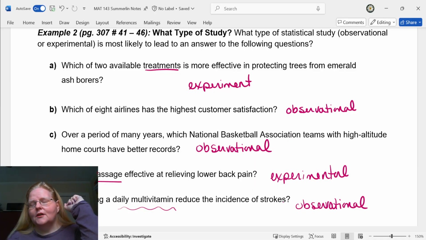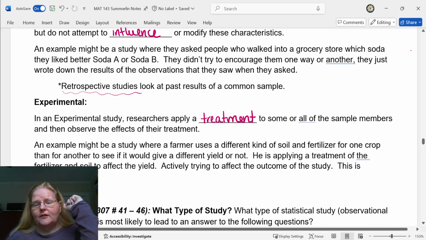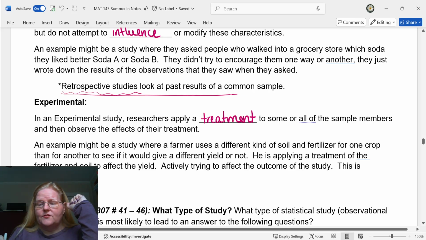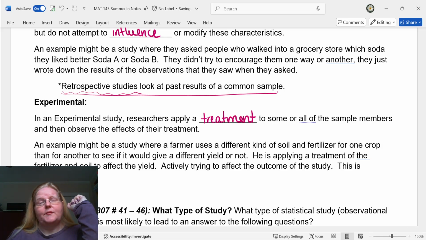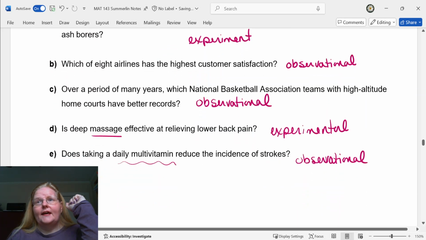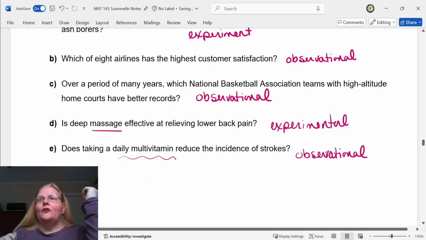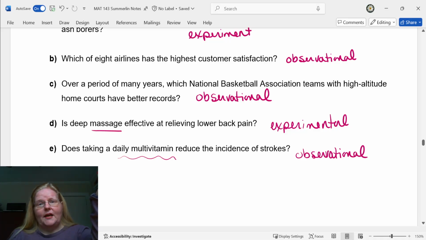It's wrong. So, we go back up to the top for a little bit and we look. There's something called a retrospective study that looks at past results of a common sample. And instead, we say, we're not going to give people a daily multivitamin to find out if they stroke out or not. That's not right. Instead, we're going to look at people who did stroke out and die and see if they were taking a daily multivitamin or not.